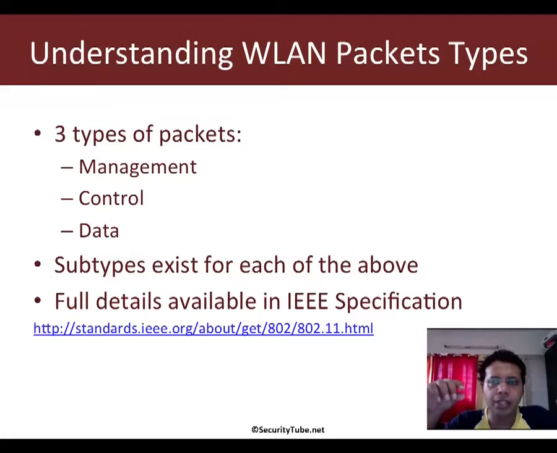Similarly, in wireless LANs, you have a WLAN header and different kinds of WLAN packets. Very broadly, 3 packets: management, data, and control. Now, one of the interesting aspects is that each one of these types has multiple subtypes, a lot of which we will confront during this entire video series, which we will use to our advantage.